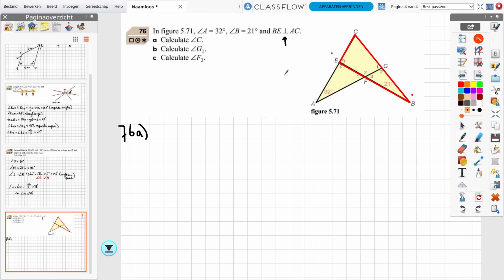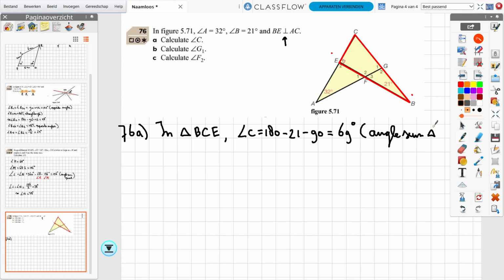So what we can do, and then actually we do this quite quickly, you can say in triangle BCE, you can say that angle C is 180 minus 21 minus 90 is going to be, oh that's nice, 69 degrees. Remember the rule, angle sum, and I abbreviate it like this, the triangle symbol. And that's it, angle C is now known.